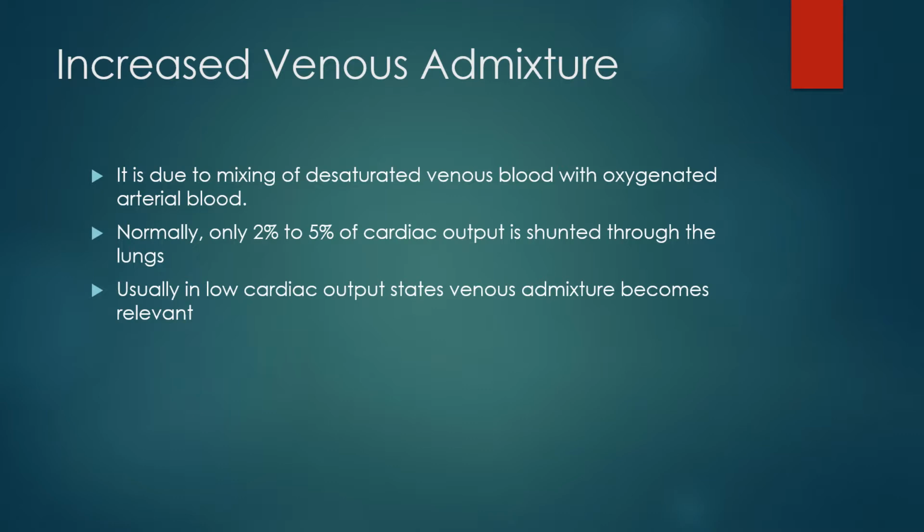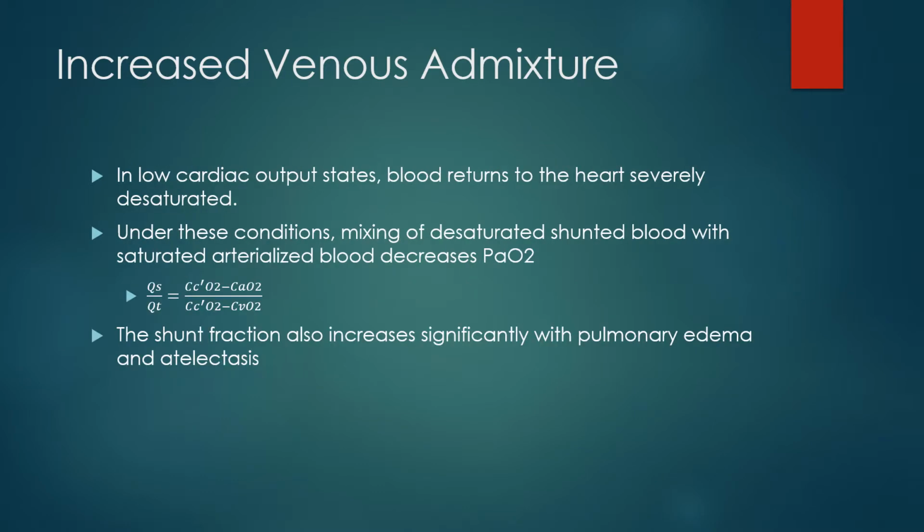Increased venous admixture typically refers to a low cardiac output state because we get mixing of desaturated venous blood with oxygenated arterial blood. Normally, about 2 to 5% of cardiac output is shunted through the lungs, with minimal effect on arterial oxygen concentration. But in low cardiac output states, blood returns to the heart severely desaturated.